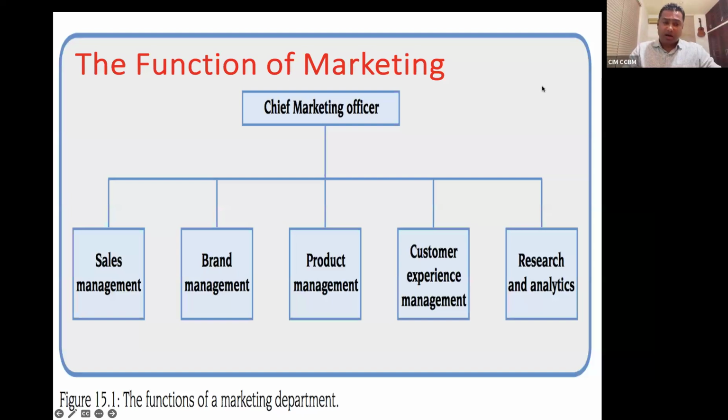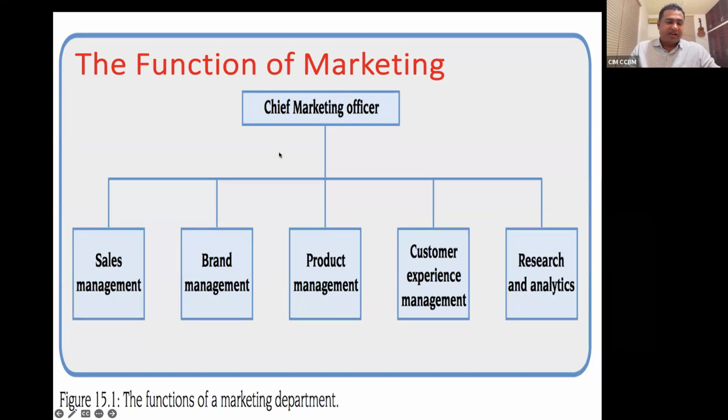Sales would come under marketing. Brand management would come under marketing. NPD or product management would also come under marketing. Customer experience management would come under marketing. And increasingly, there is an area called research and analytics, marketing analytics, data analytics, which would also be a very important feature within the marketing department.